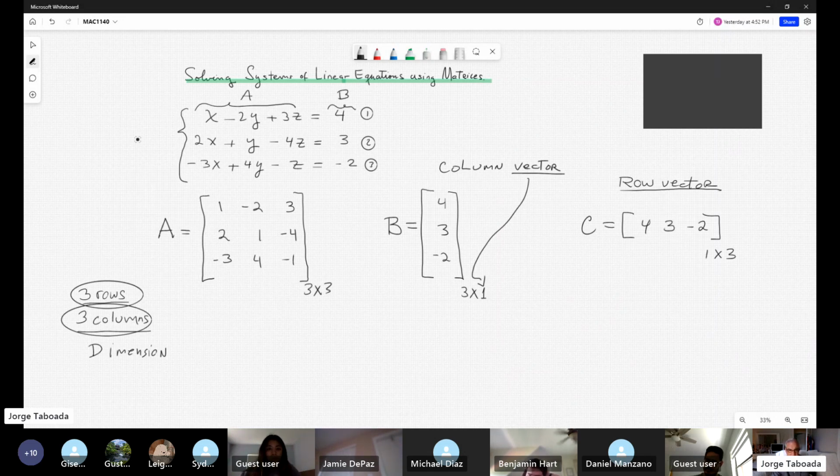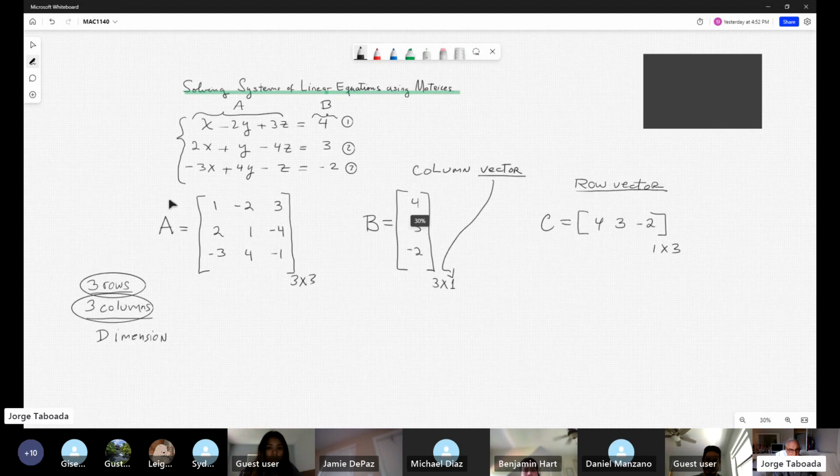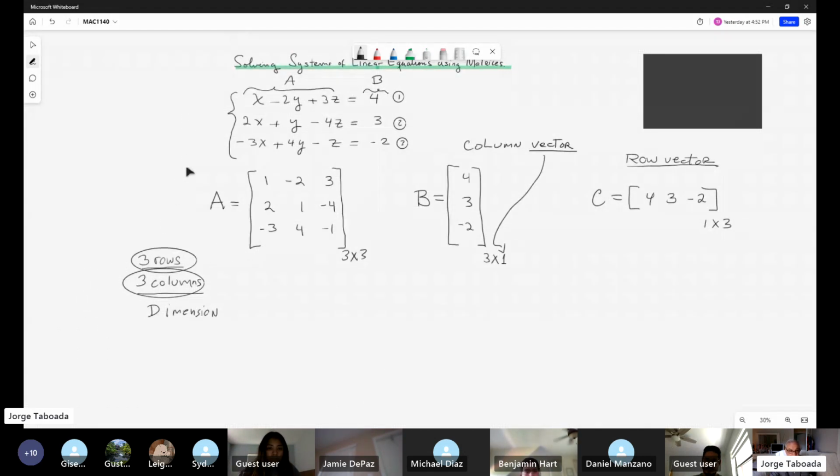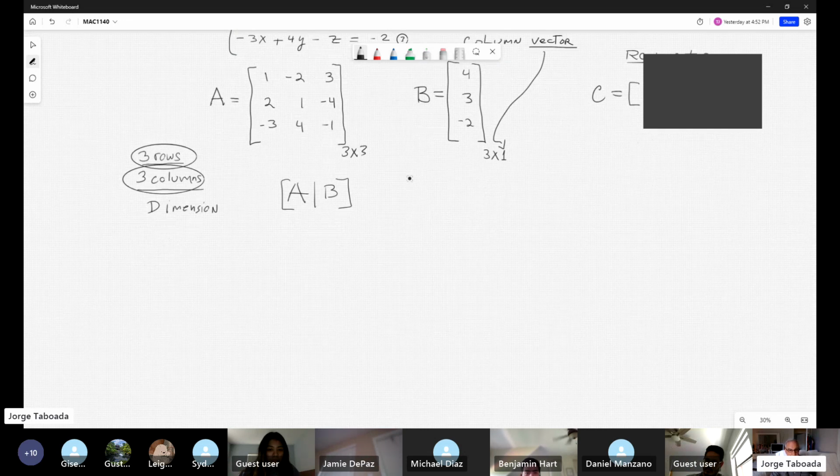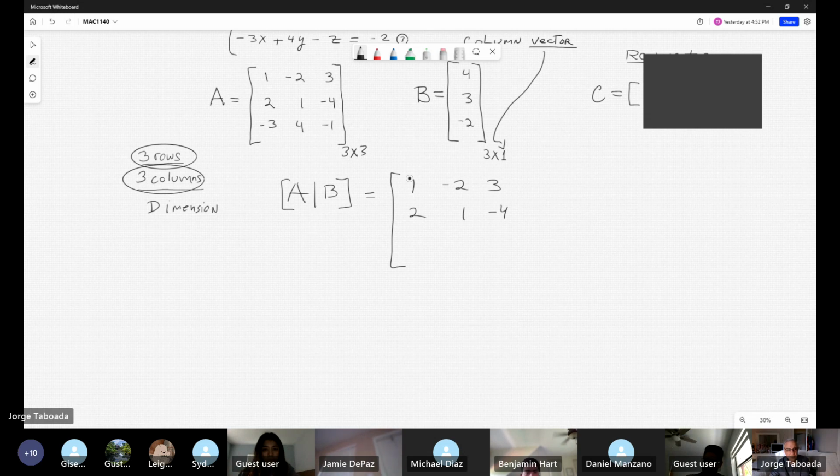Okay, so now, very important for today, you put A and B together because the system has 2 parts, A and B. You put A and B together like that, A and B, as one new matrix. Well, let me try to do my best. The AB matrix is, you copy A, 1, negative 2, 3, 2, 1, negative 4, negative 3, 4, negative 1.